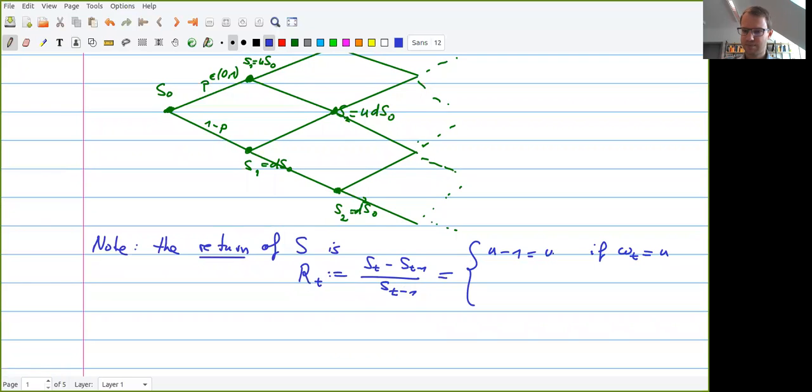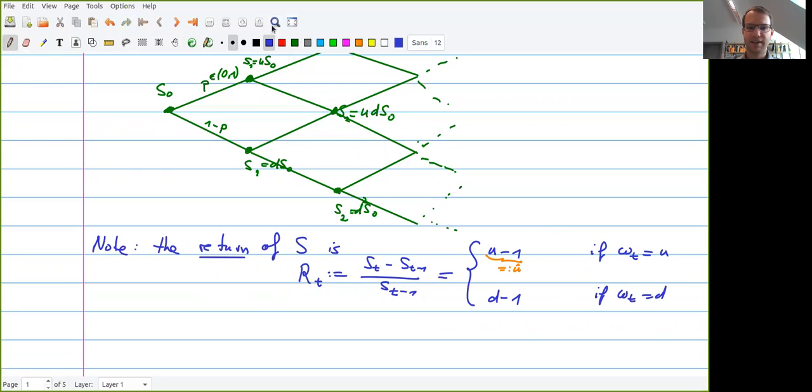And for a moment we can denote this by, let's swap the color again, u hat. And if you go down, well, this is u, right? You just look at the definition of the price process. That's what you get.